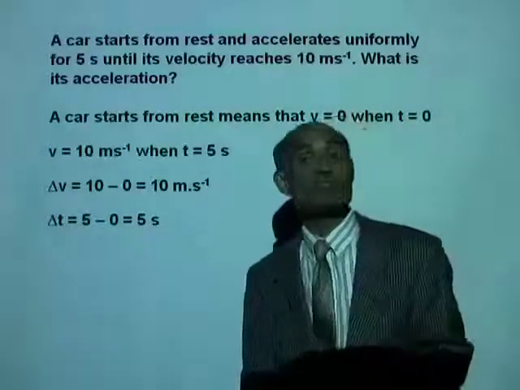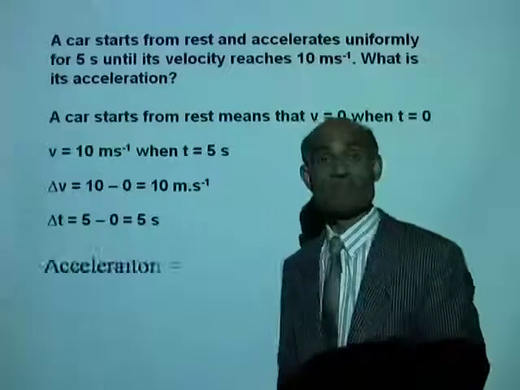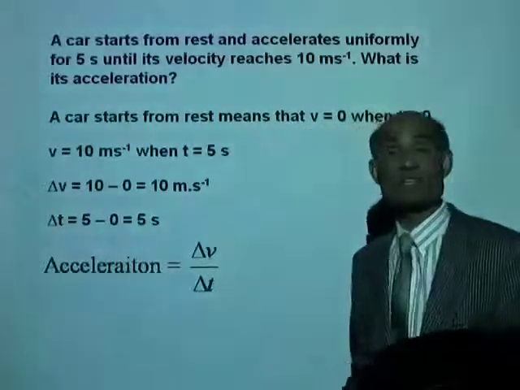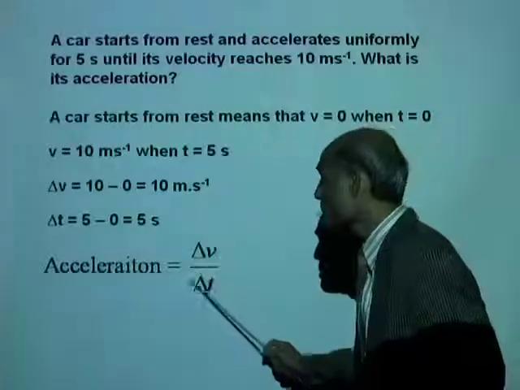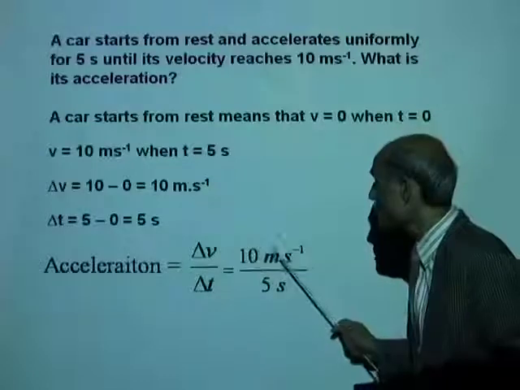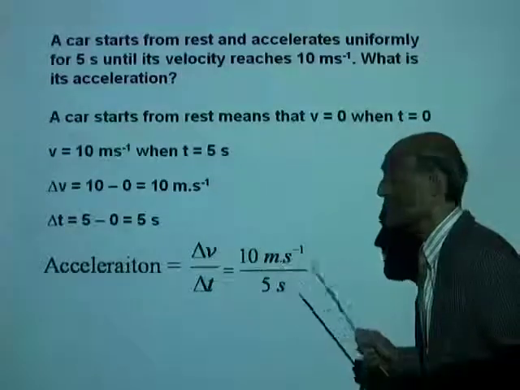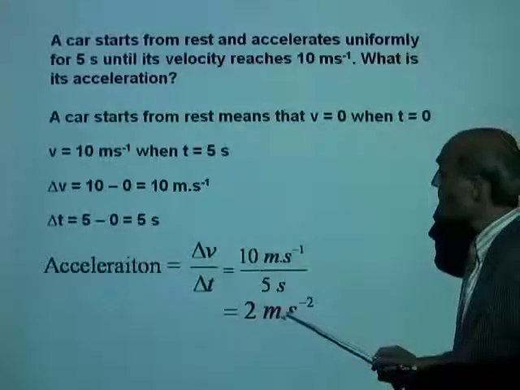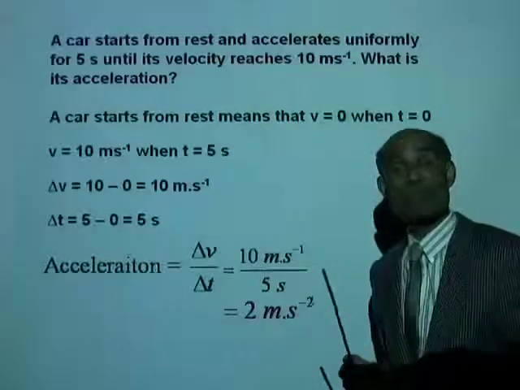What is the definition of acceleration? Acceleration is delta v divided by delta t. The change in velocity divided by the change in time. That will be 10 meter per second divided by 5 seconds. That will be 2 meter per second squared.